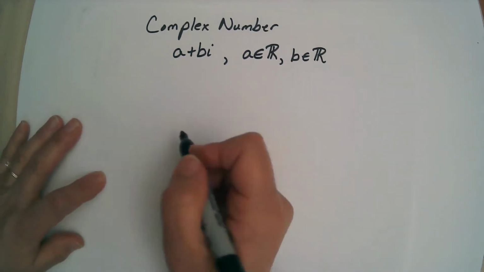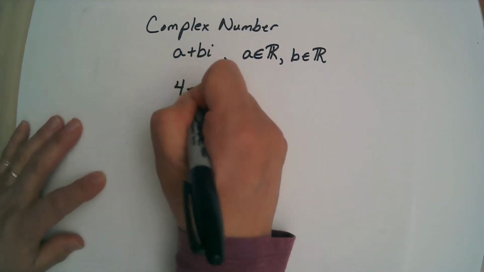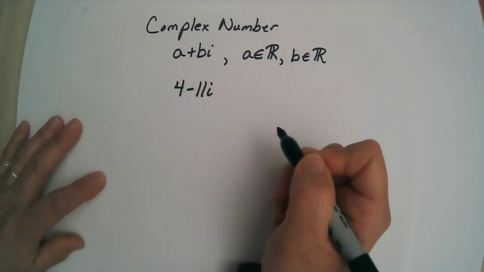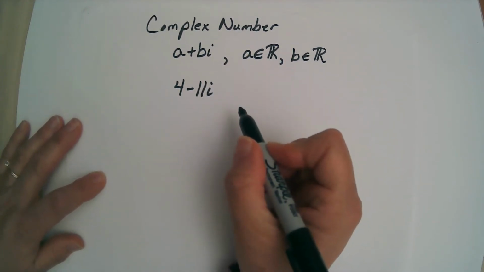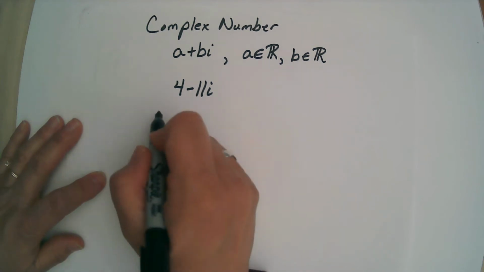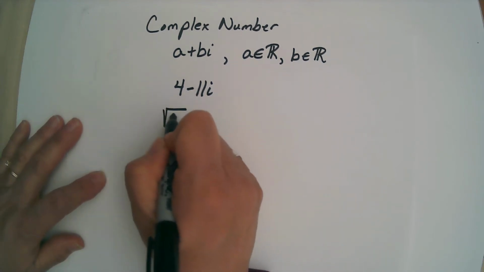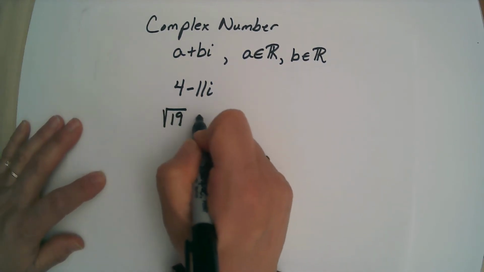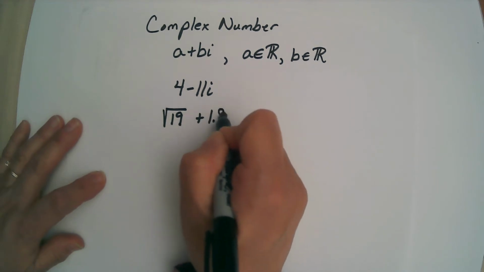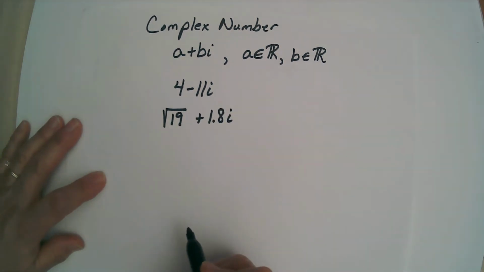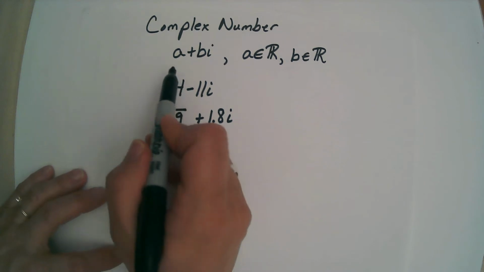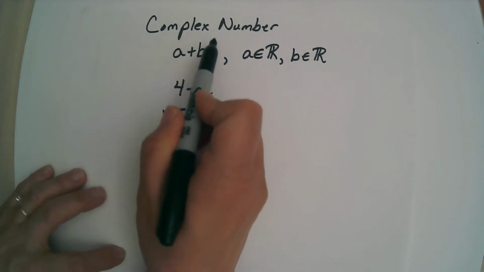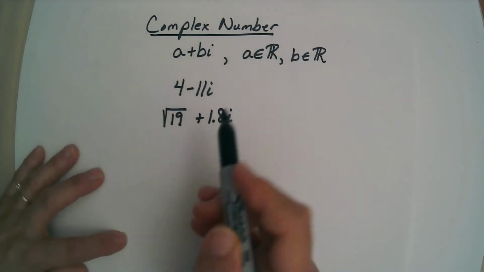So for example, 4 minus 11i is a complex number. So is the square root of 19 plus 1.8i. If it can be written in this form, it's a complex number.